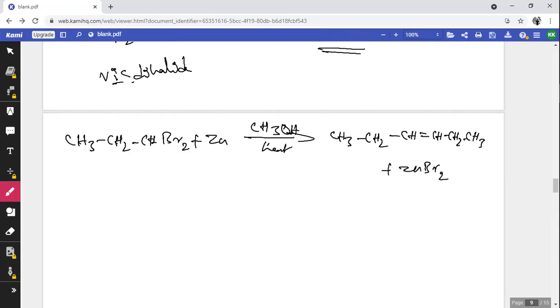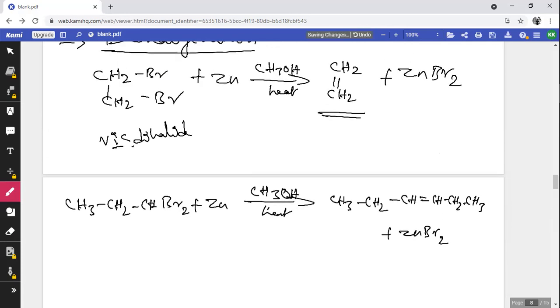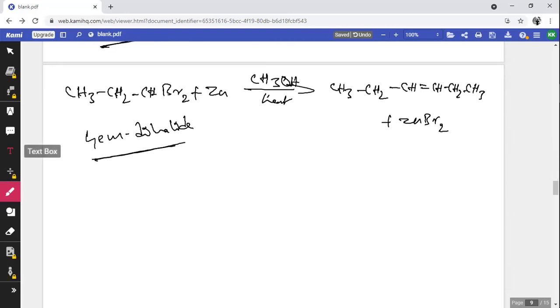So you can observe here, if you consider vicinal dihalide, the product contains the same number of carbon atoms. And if you consider geminal dihalide, the product consists of twice the number of carbon atoms compared to that of the reactant.